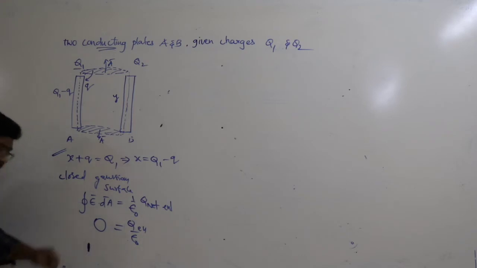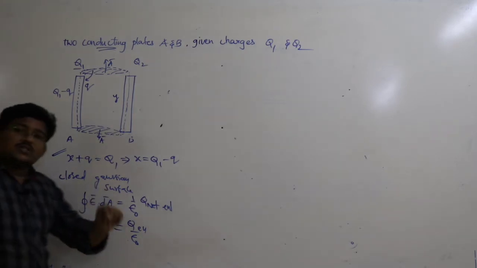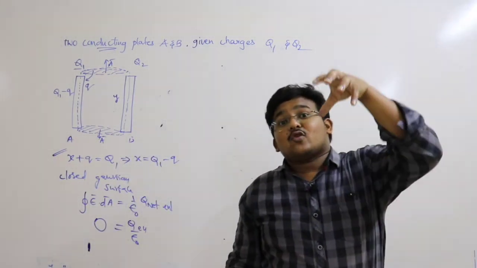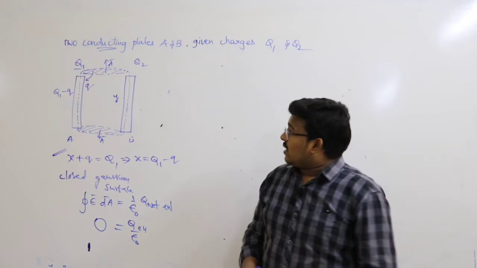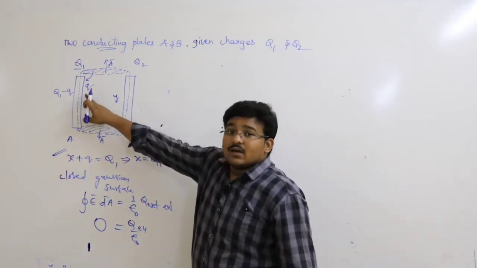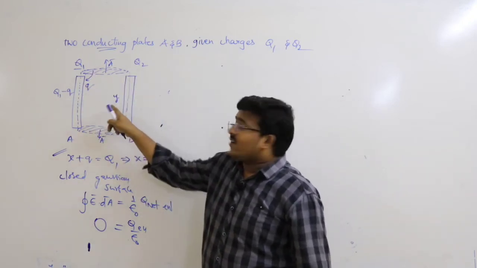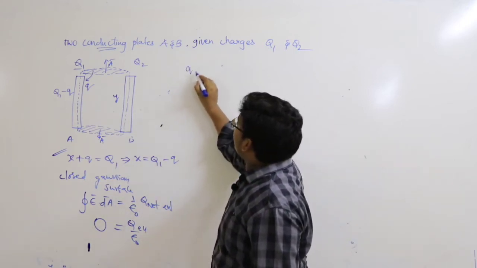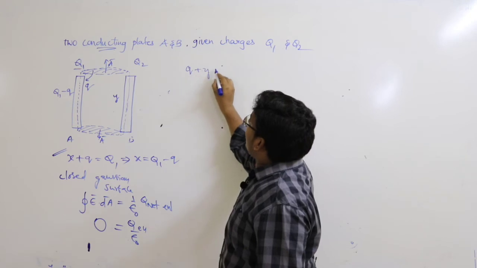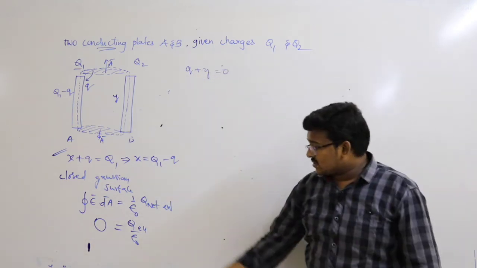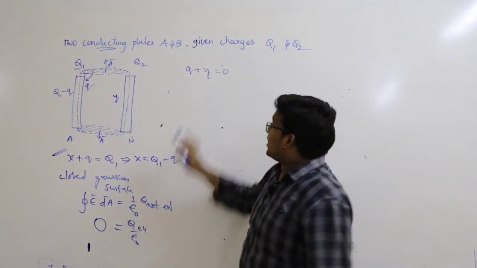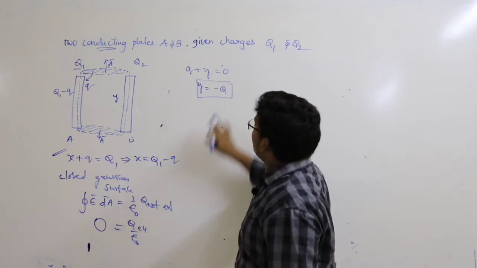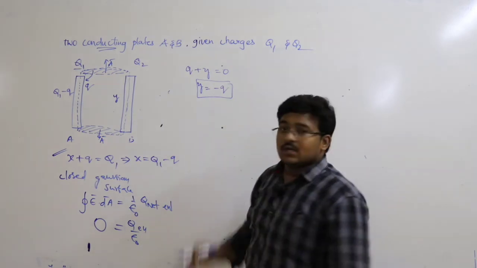Now send this epsilon naught to this side; the enclosed charge for this Gaussian surface must be 0. Already we know that for the Gaussian surface, q and y are the enclosed charges. So can I say q plus y becomes 0 because the enclosed charge must be 0. So that is how I can say y is equal to minus q.